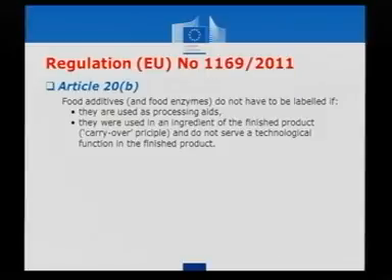And there's another case, a very important one. If an additive has been used not in the final food itself, but in one of the ingredients of the final food, and it does not serve a technological function in the finished product, then it does not have to be labeled, although it is present.